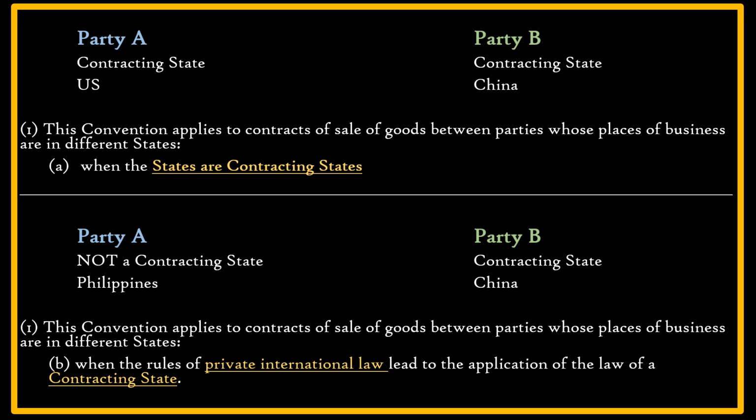It's also called choice of law. If the choice of law rules lead to the application of the law of China to this transaction, well, China is a contracting state, and therefore the CISG will apply to this transaction. In other words, the CISG is part of the law of China.